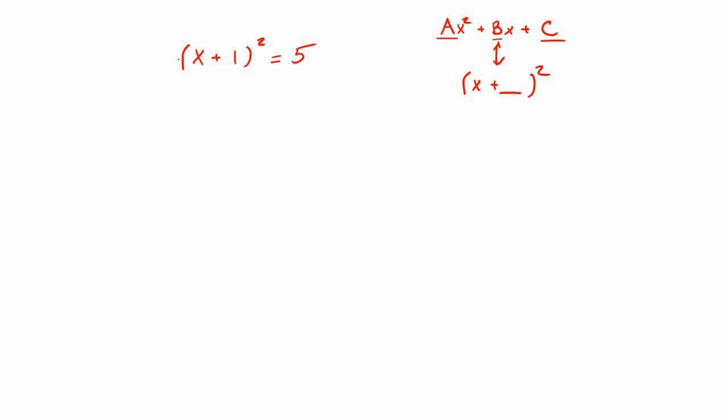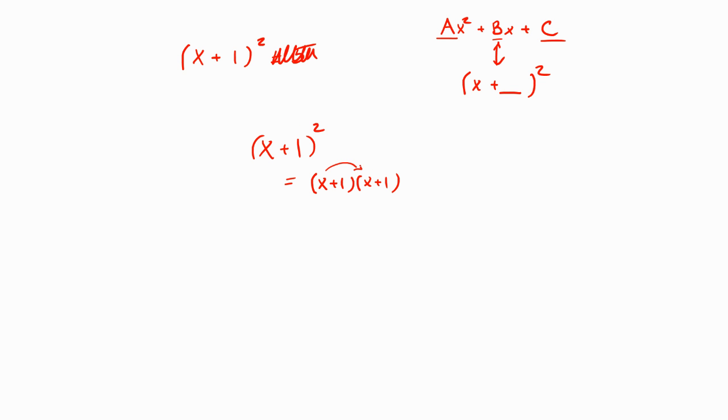Sorry, I don't know why I made this equal to 5. Let's just look at this example with x plus 1 squared. So if we start like this with a parabola, how did we get to standard form? We basically just need to multiply the two parentheses together. So this means x plus 1 times x plus 1, right? Because x plus 1 squared means that same parentheses times itself.